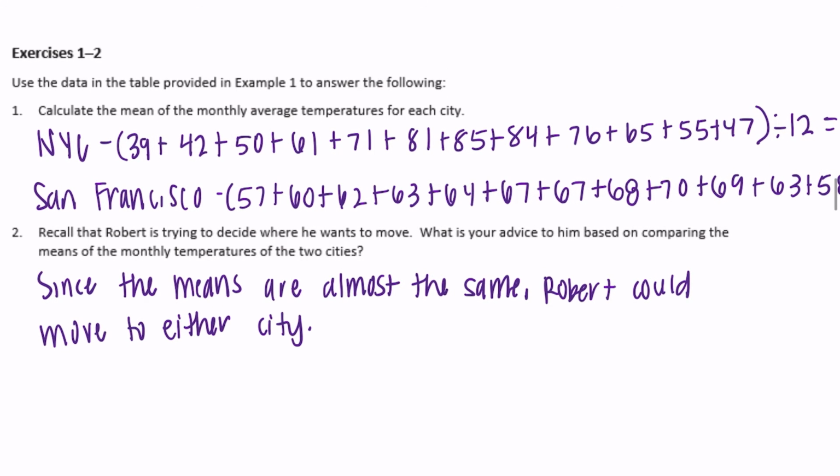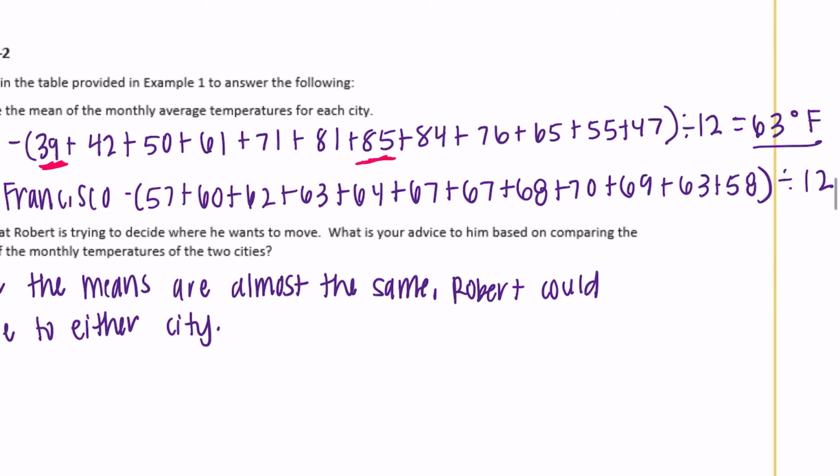So you might have noticed that New York City has a much wider range, like goes all the way down to 39 degrees for one average, up to 85 degrees in the summer, whereas San Francisco is a little bit more of a mild climate. So the lowest I really see is 57, and then the highest is 70.